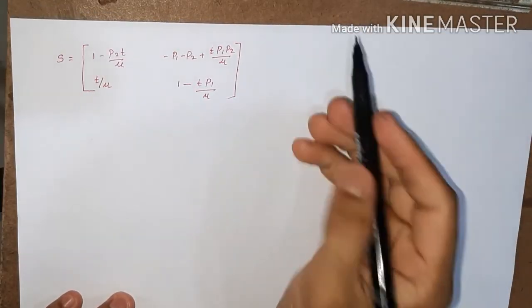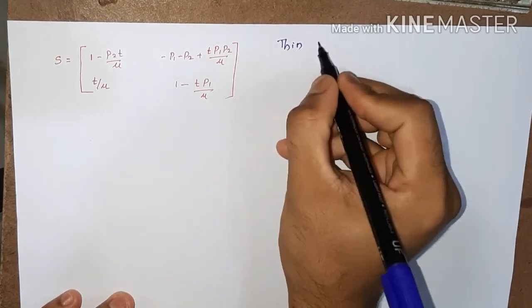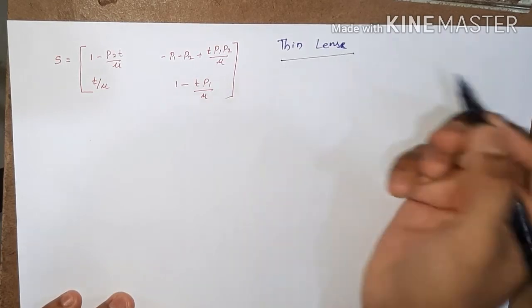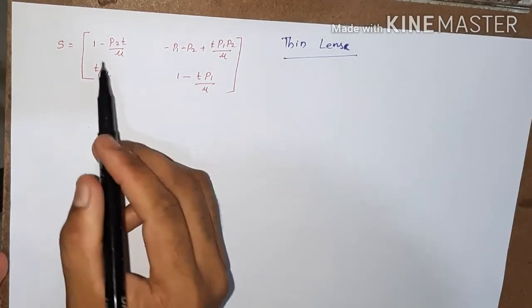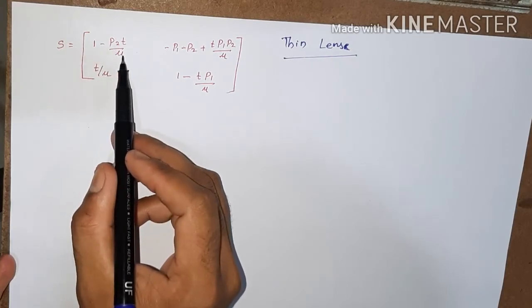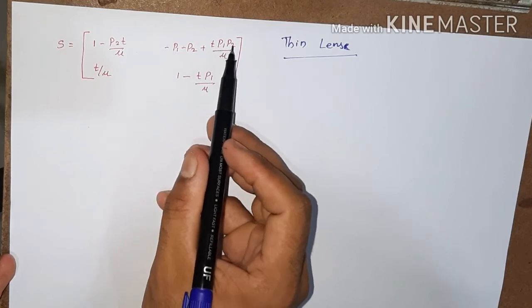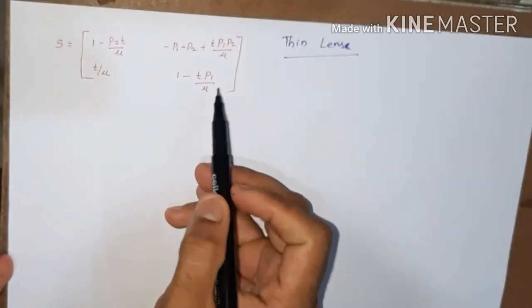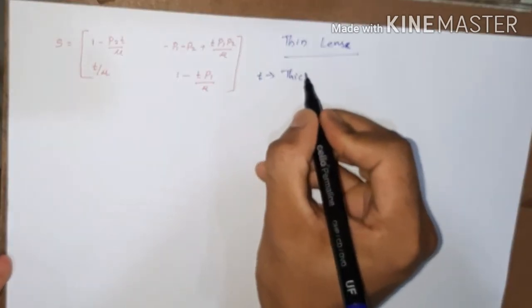Now I can discuss very easily the case of a thin lens. So I have the system matrix corresponding to a thick lens: 1 minus p2 t divided by mu, minus of p1 minus p2 plus t p1 p2 divided by mu, t by mu, and 1 minus t p1 divided by mu. Here the quantity t is nothing but the thickness of the lens.